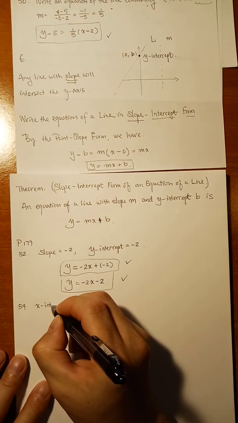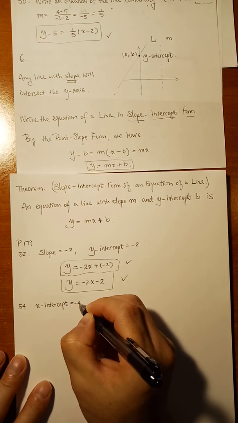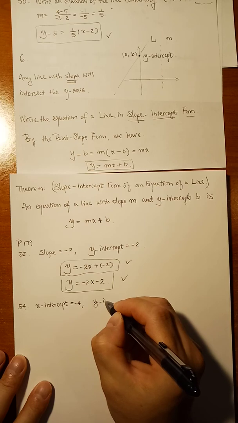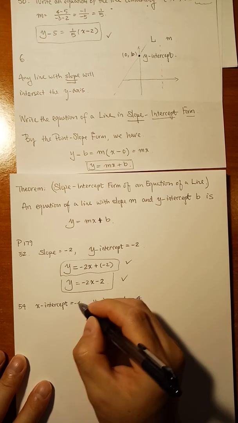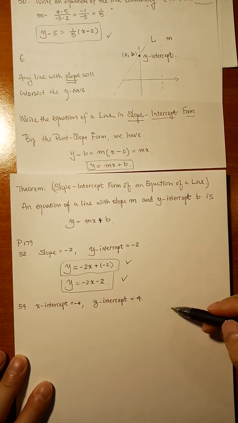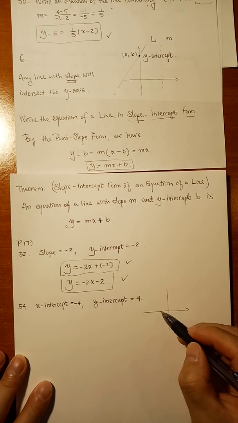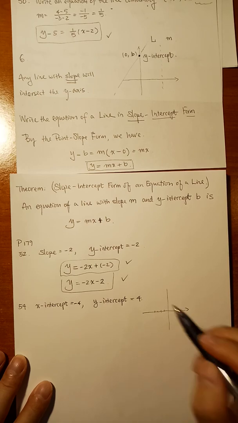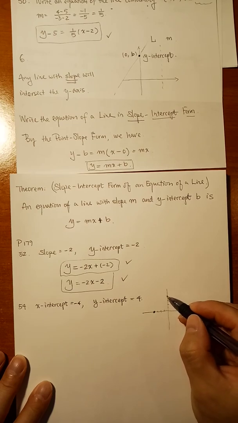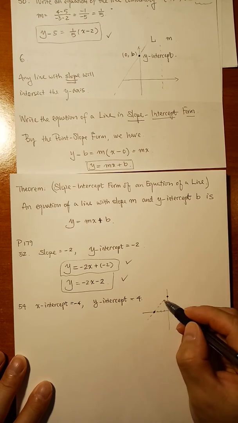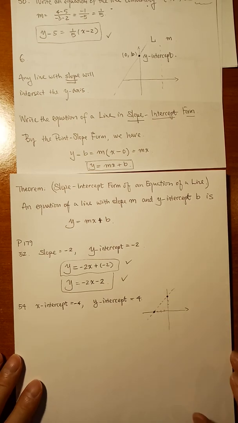We know the x-intercept is -4 and the y-intercept is +4. That's it. We're trying to write the equation of this line.